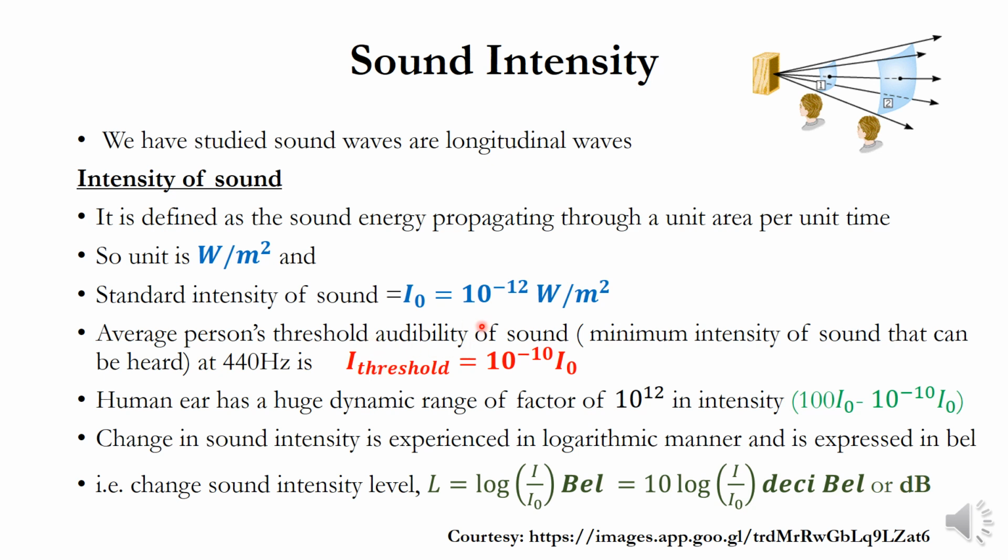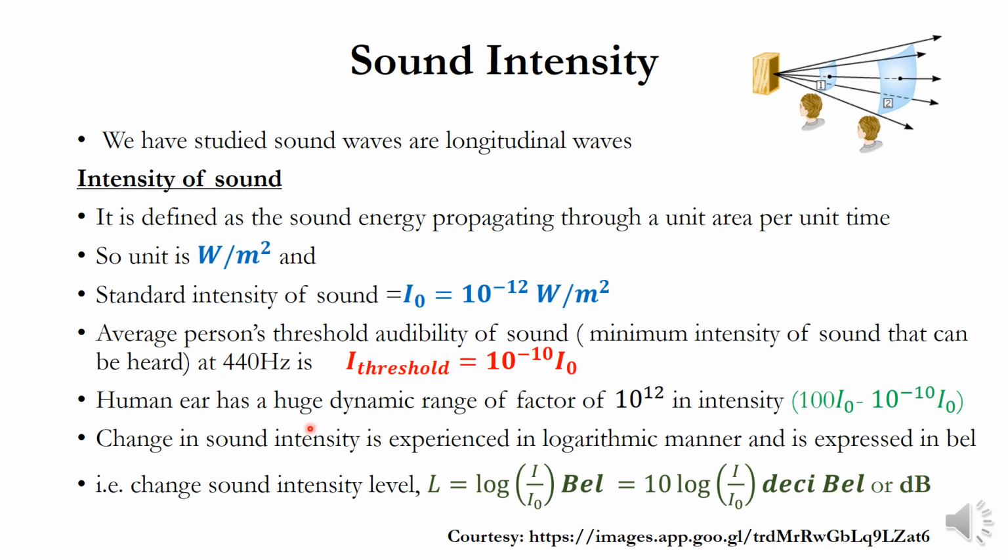Generally, this depends on the frequency of the sound. At 440 Hz, the threshold of audibility is equal to 10 to the power minus 10 I0, that is, 10 to the power minus 10 into 10 to the power minus 12, which is 10 to the power minus 22 watt per meter square.